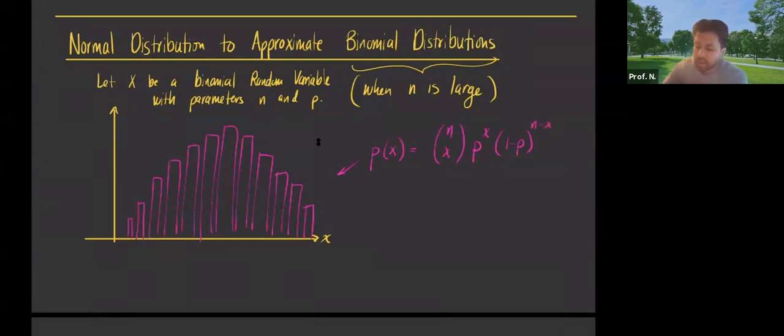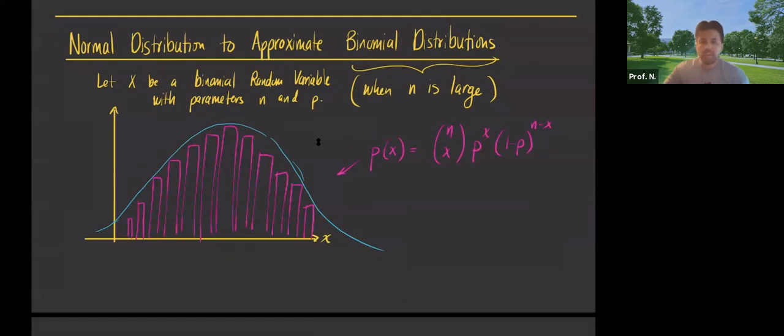Now, as n gets bigger and bigger, these probability bars become closer and closer, and they look very much like the normal distribution.